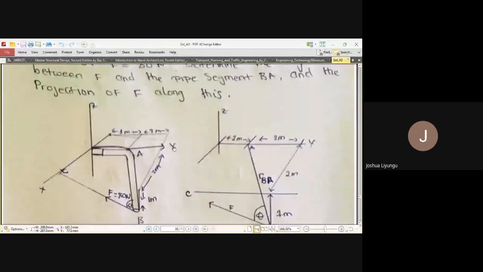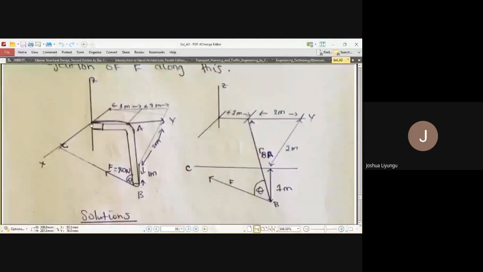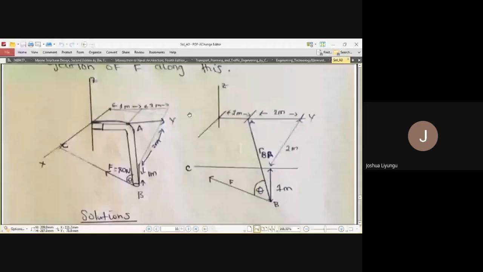This is the same principle: get the position vector, get the unit vector. There are two ways of solving this problem. You can get coordinates about the center or otherwise. You still get the same answer or same solution.